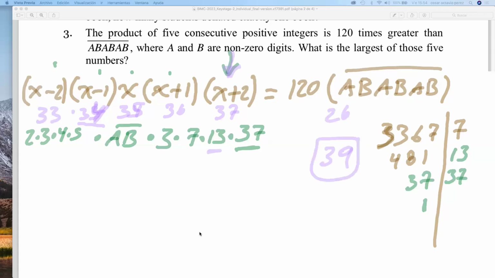We need a 39. If we take those two, we will have 37 and 39. We need the 37, so we need to construct 38.